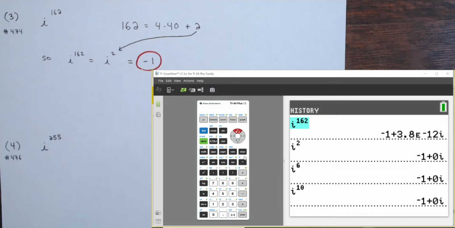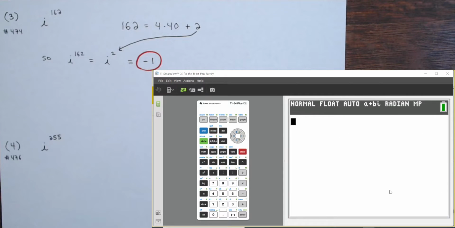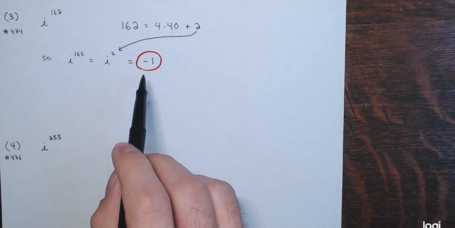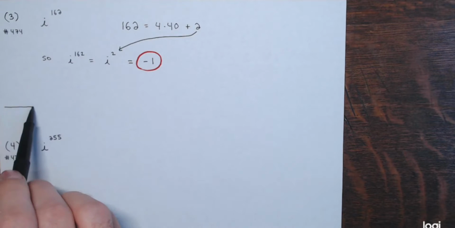So you don't always take the calculator with 100% faith. But it was basically -1 when I punched it in, so this is correct.